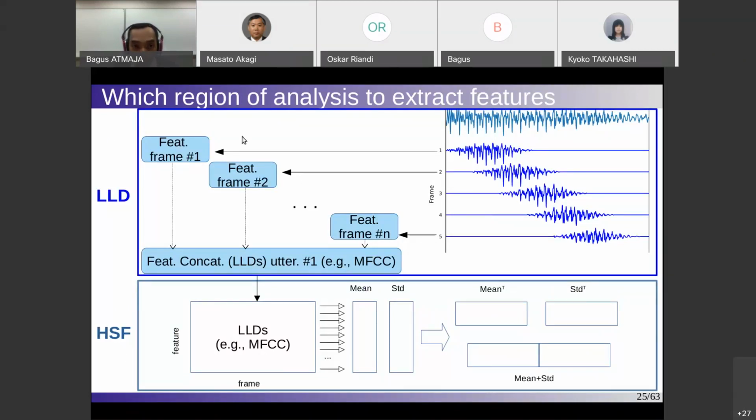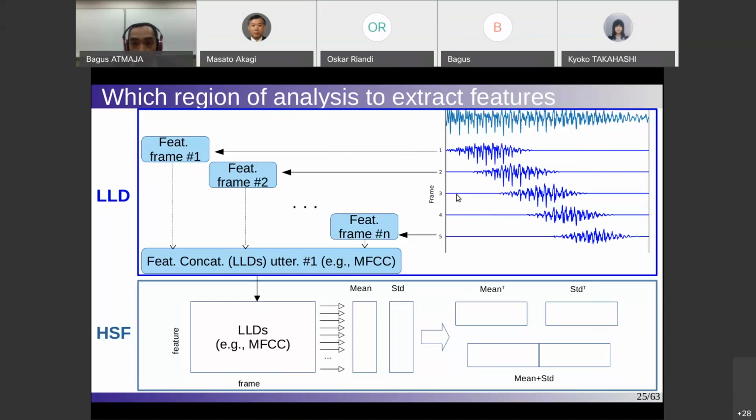For example, we calculate 100 acoustic features in the first frame, and we move the first frame with some overlap, for example, 50% or 25%, and then we calculate the same acoustic features in the second frame, and we move again and again until the last frame.